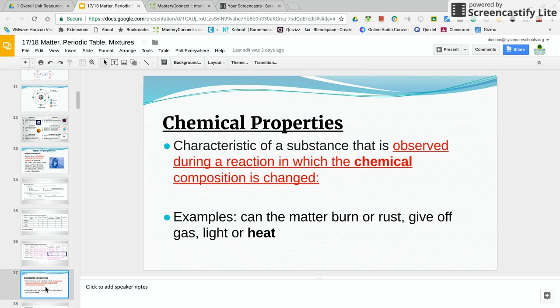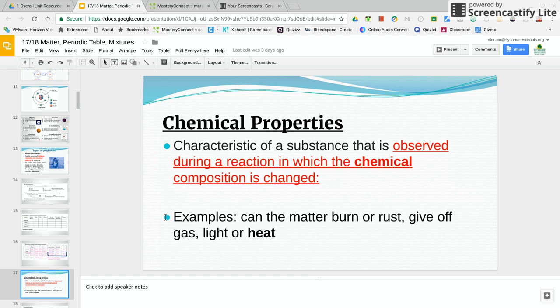Something else that we did in our unit was we looked at chemical properties of matter as well. We said these are properties that you can only observe when you are changing the chemical composition of the matter. For example, if I wanted to see if something could burn in fire, I would actually have to take that piece of matter, put it into fire, and if it caught fire, I would say, yes, it's flammable.